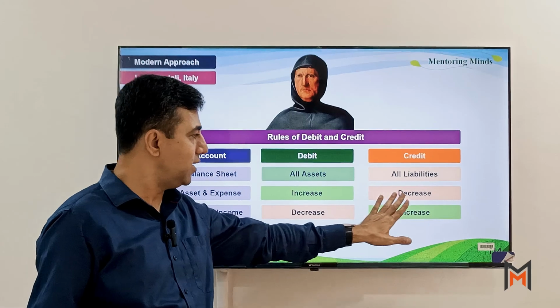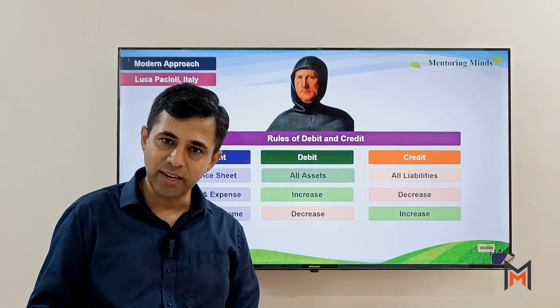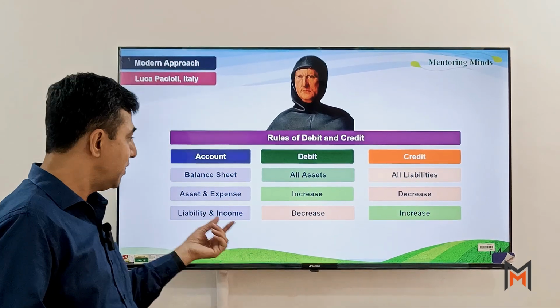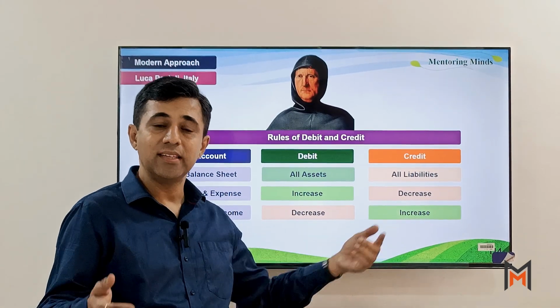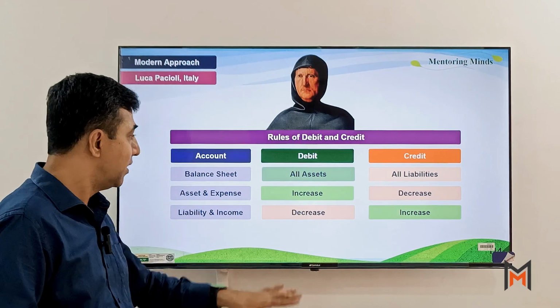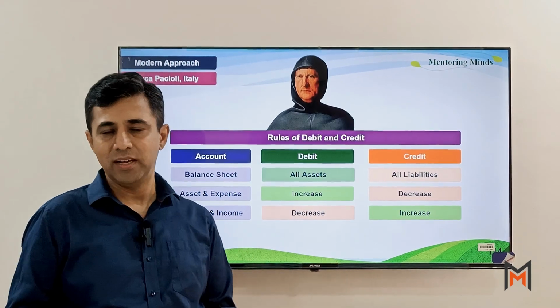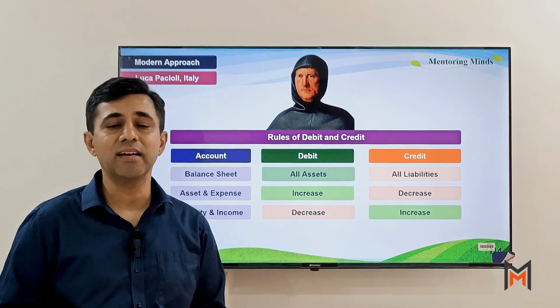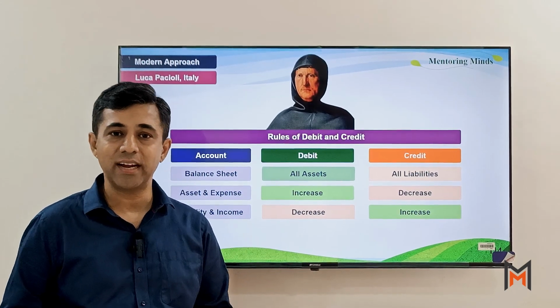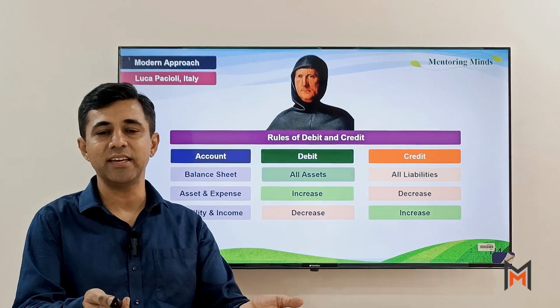If there is a decrease in the value of asset, we are going to credit. Similarly, when there is an increase in liability, we are going to credit, while when there is a decrease in liability, we are going to debit it out. तो सिंपल सी बात है, asset, liability, expense and income will either be debited or credited depending on increase or decrease.